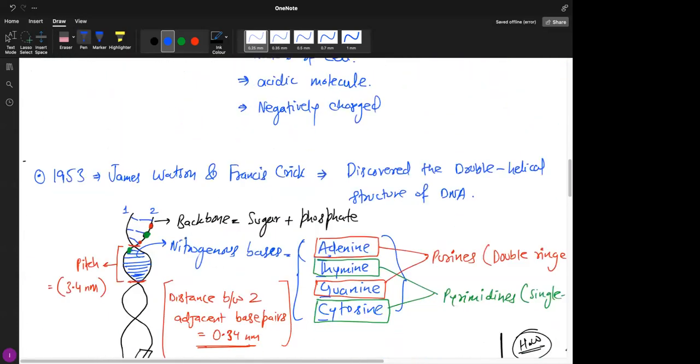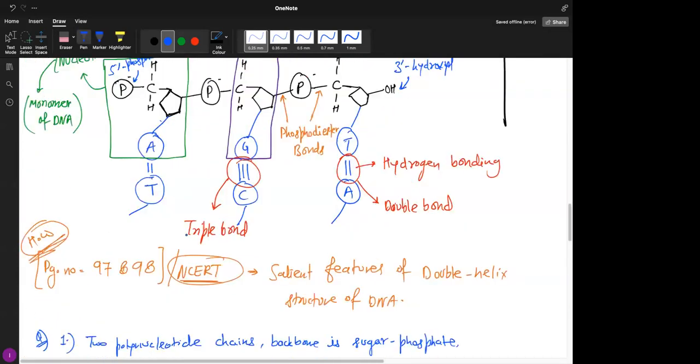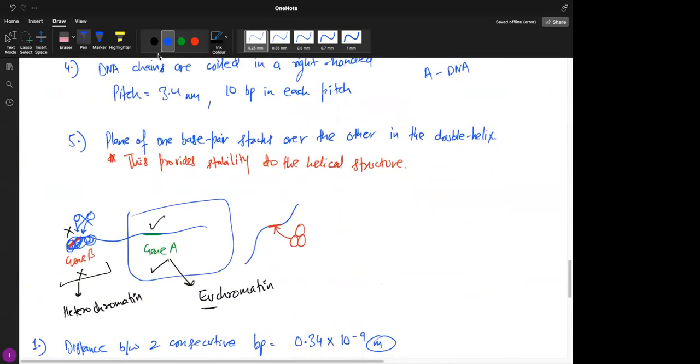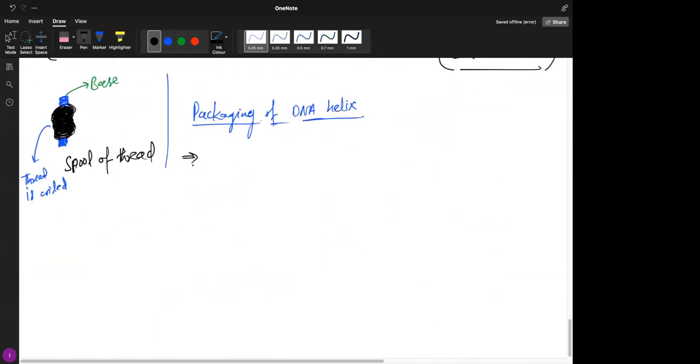Okay, my bad. So DNA is a negatively charged molecule. Remember that because of the phosphate group that's present. Phosphate is PO4 minus. So DNA is a negatively charged molecule.